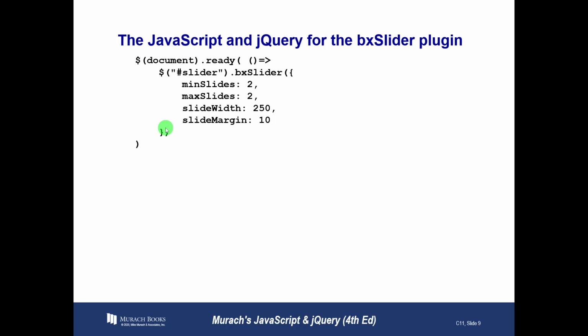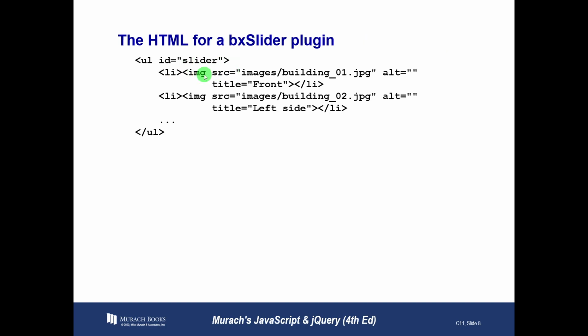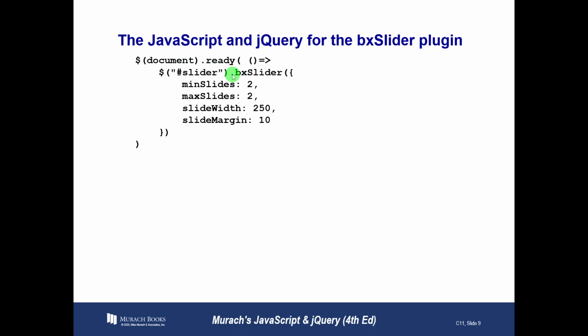All right, and then you need to add this code inside your document.ready. Once the document's loaded, you'd have to call slider, the ID of this unordered list, and you'd have to say .bxSlider, which is the method provided in their JavaScript file.